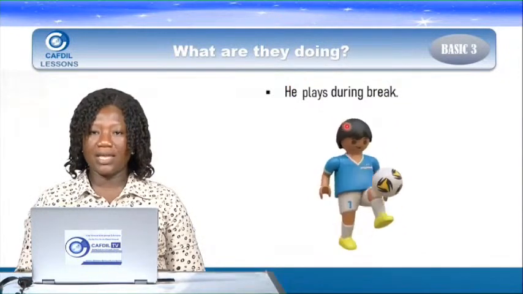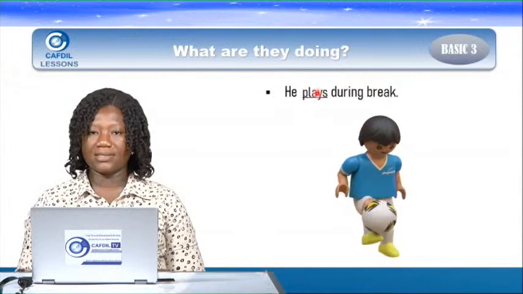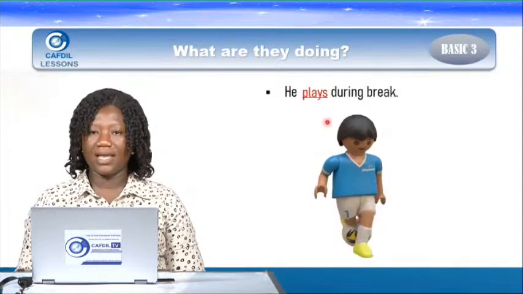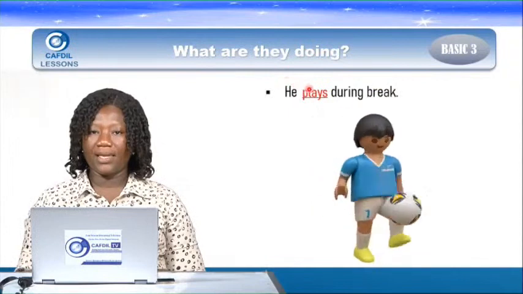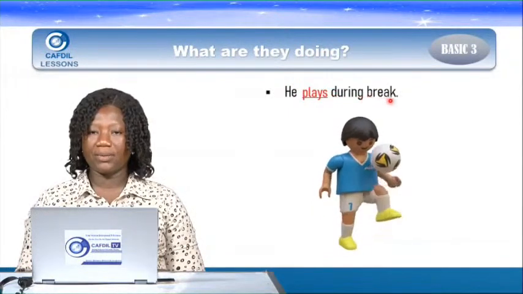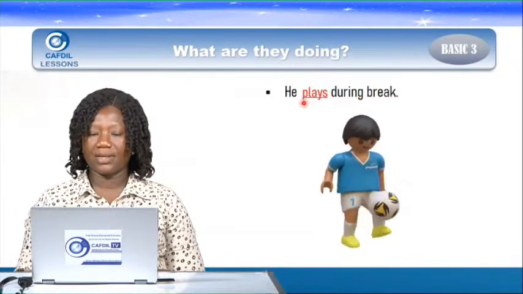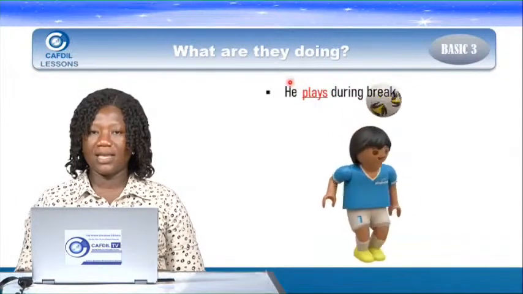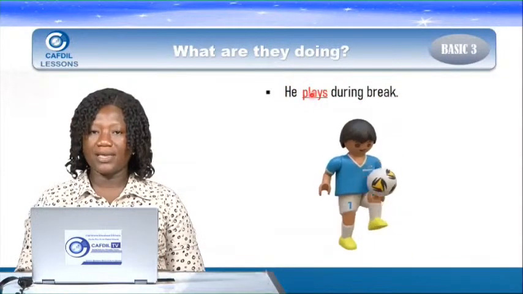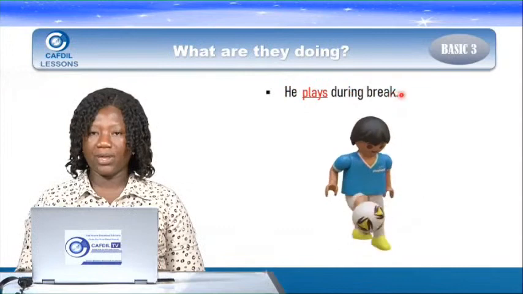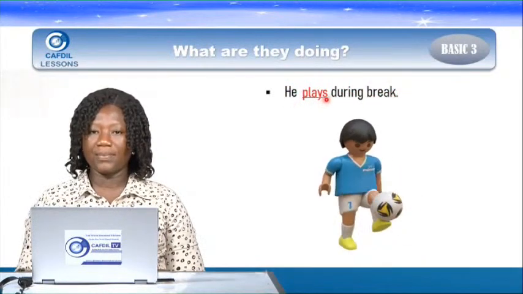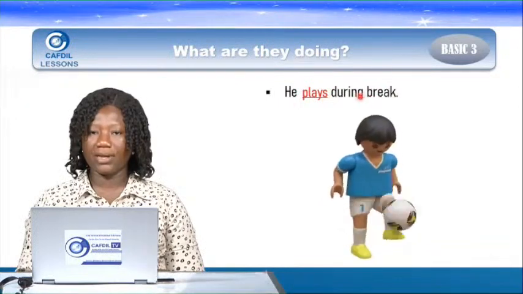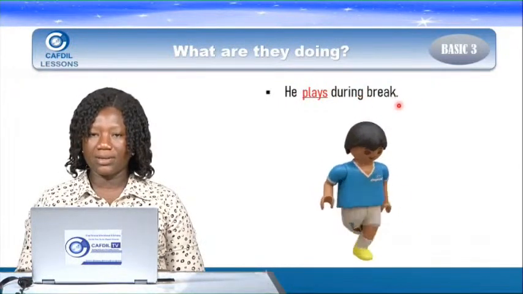So we will say plays. And our sentence will read, he plays during break. Can I hear you say that? He plays during break. Once more. He plays during break. Good.